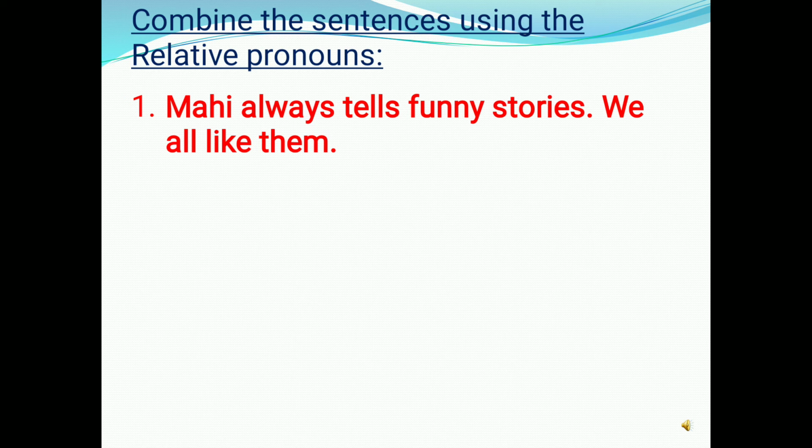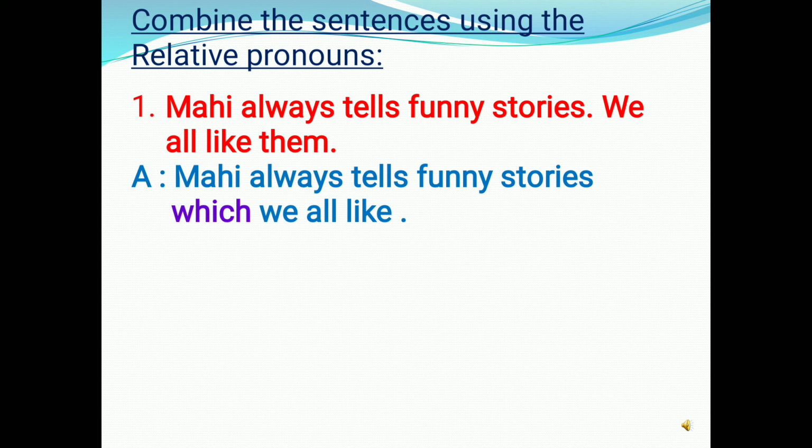Which is the common noun that both sentences have? The common thing is funny stories. So we shall use which for combining the two sentences. Like this: Mahi always tells funny stories which we all like. So the word which here refers to the funny stories.